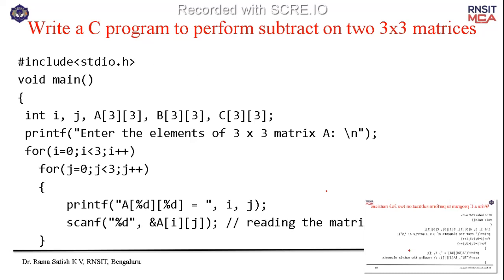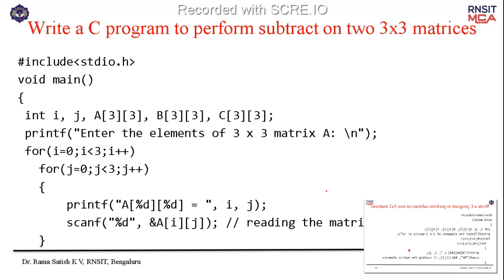For this program also, you have to write a C program to perform subtraction on two 3 cross 3 matrices. Of course, 3 cross 3 they have already given, so you have to specify the same 3 rows and 3 columns.